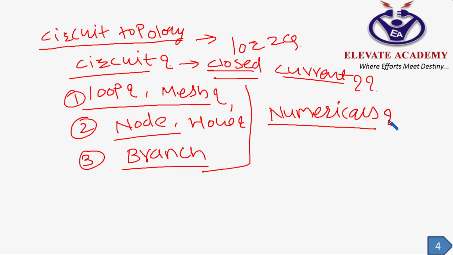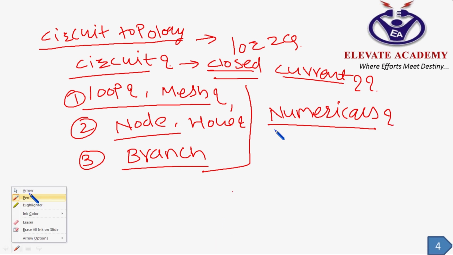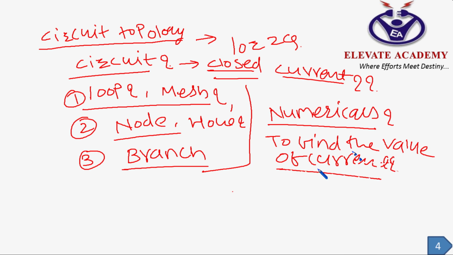The basic thing is that whenever we are solving the numericals, the important thing is to find out the value of the current, because current is the unknown quantity flowing in the circuit.